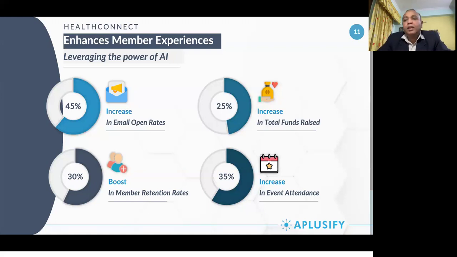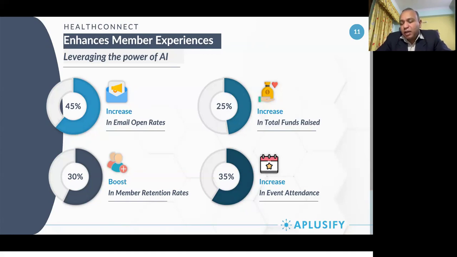So this is the overall impact that AI creates on the overall Marketing Cloud by using Einstein. Now, a thing to remember is that Einstein AI can only be implemented if you've got the right data in place.